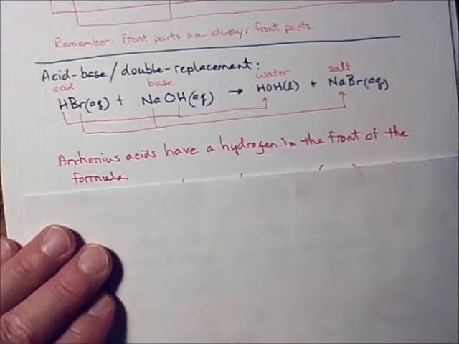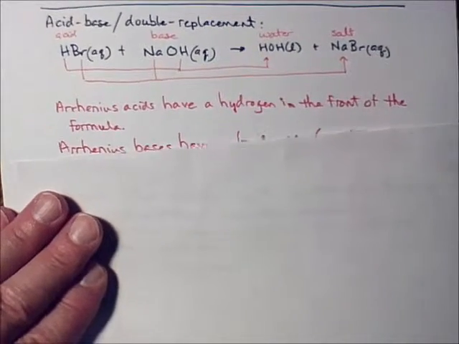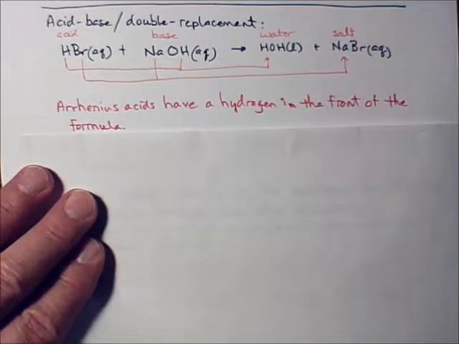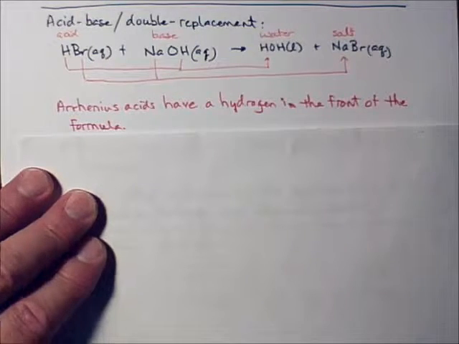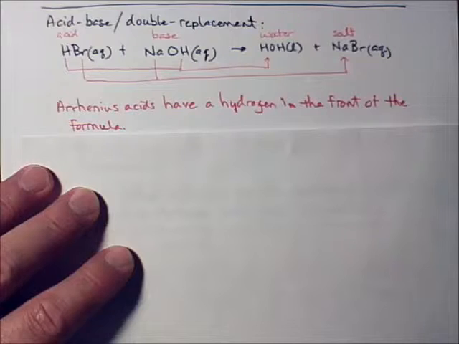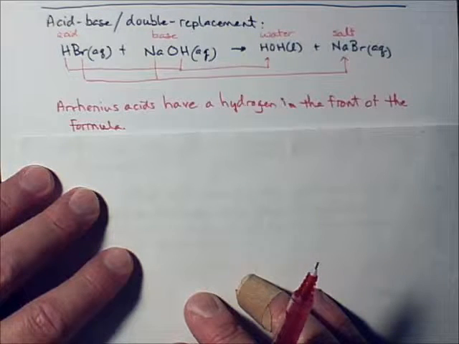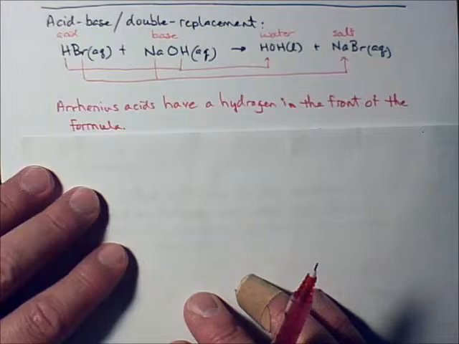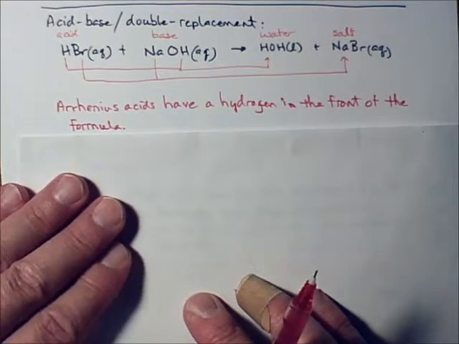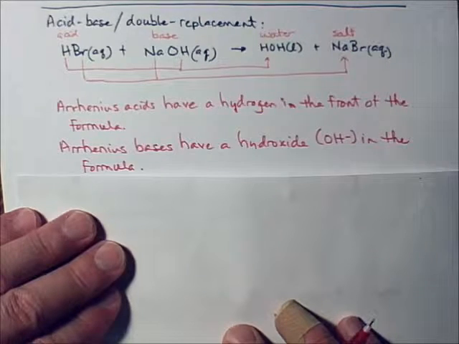Alright. Arrhenius acids have hydrogen in the front of the formula. That's what we've learned about already. We've learned about acids having hydrogen in the front of the formula. So in this class, I'm just telling you now that's an Arrhenius acid, okay? What pirates say, female chicken, you in the subject of a sentence, and all of us in the room. Arrhenius. Okay? Arrhenius bases have hydroxide in the formula.